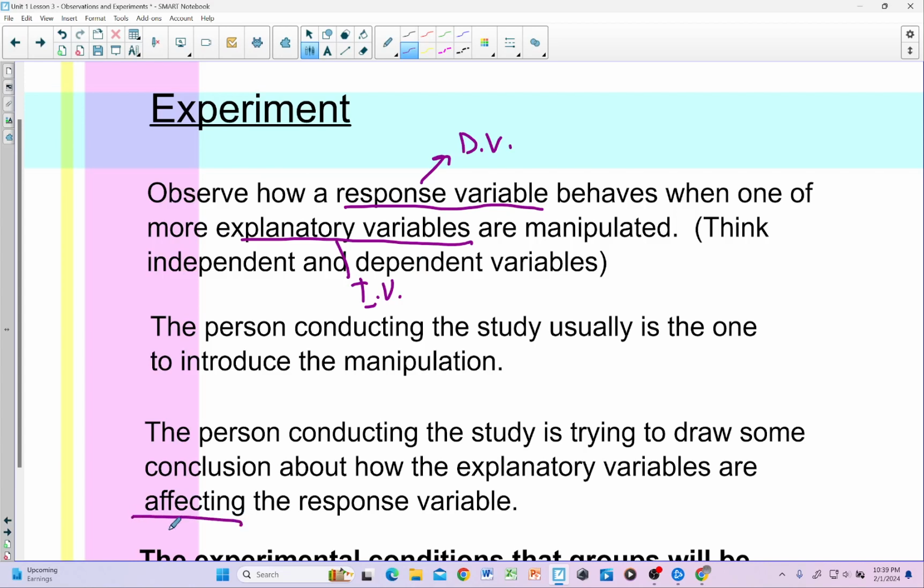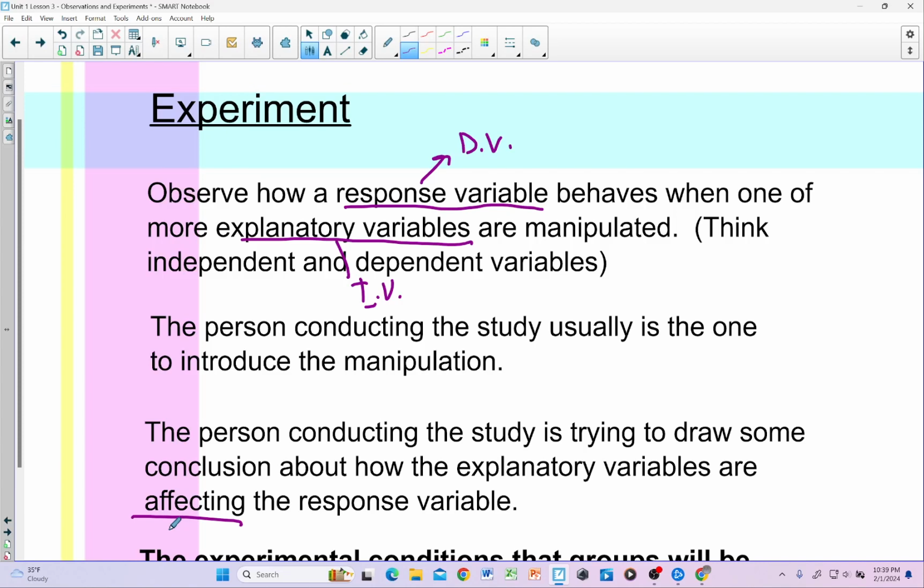Guys, if I do anything with you this year, I am going to teach you the difference between affect and effect. And I am going to make it stick. Affect is the verb. Affect is when something is making the effect.